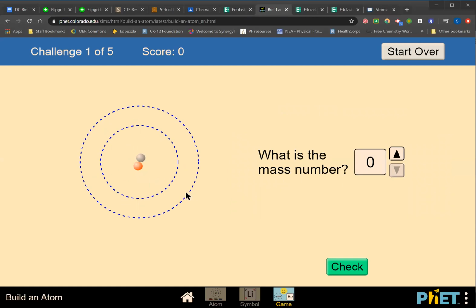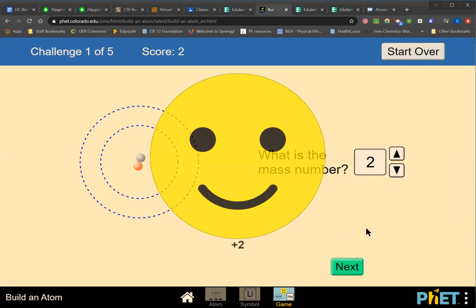I don't see any electrons, but that doesn't matter, I guess, because electrons don't have any weight. But I do see a proton and a neutron. So this is either 1 or 2. What should I put? 1 for the proton or 2 for the proton and the neutron? Now let's just check. I don't mind being wrong. Hey, I'm right. So the atomic mass is 2 because each of these weighs 1.